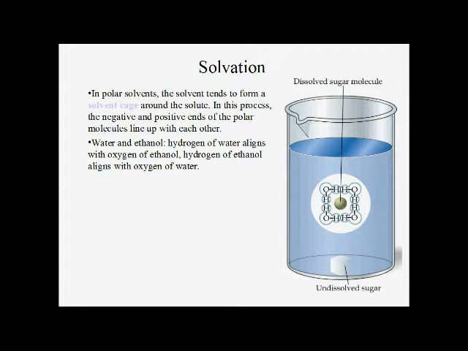So if we have a polar substance and a polar substance, we'll always arrange the molecules such that the positive end is meeting a negative end, the attractive forces. But the solvent cage keeps the solute particles from recombining with each other to form the original compound.